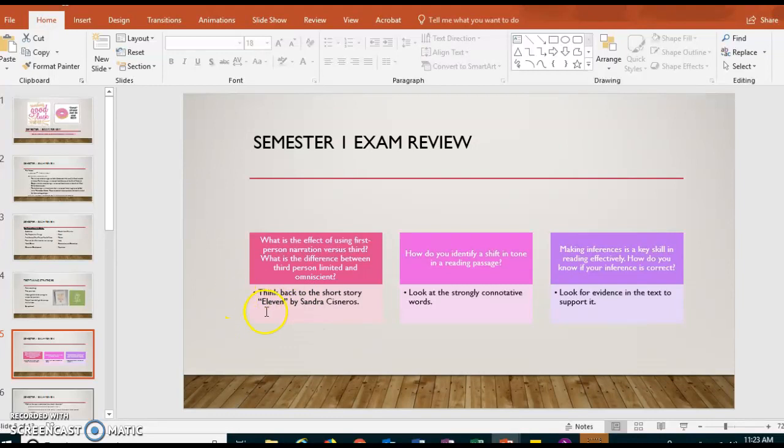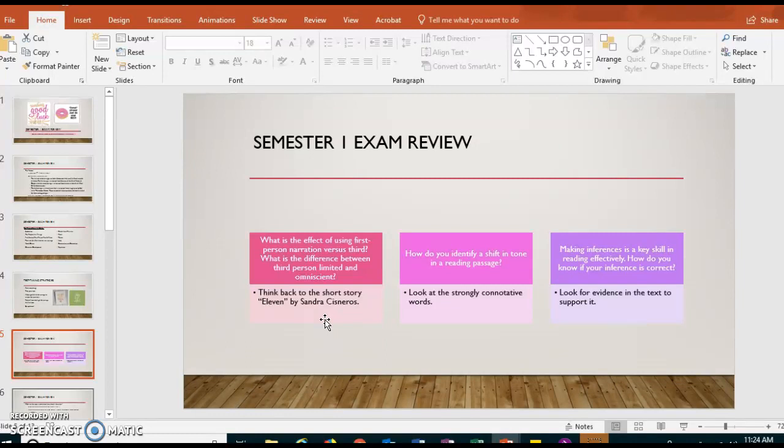We did not read 11 in our class, but think back to some of the other short stories that we've read and some of the things that we've talked about, first person versus third person, especially in a lot of our writings that we've just been doing. So look at that. Obviously, first person is when you can use I, right? Third person is like someone telling the story from above.